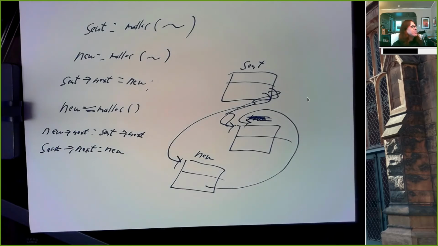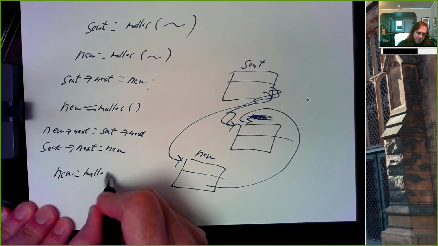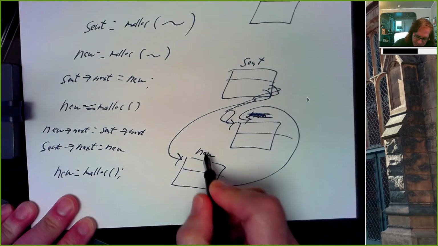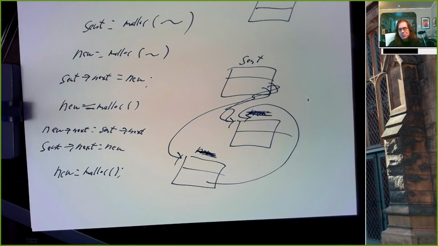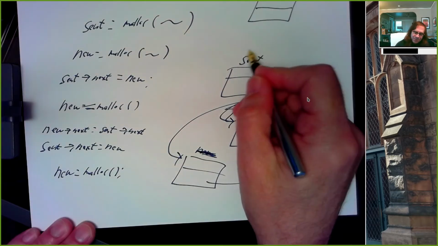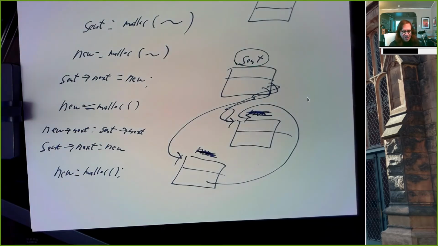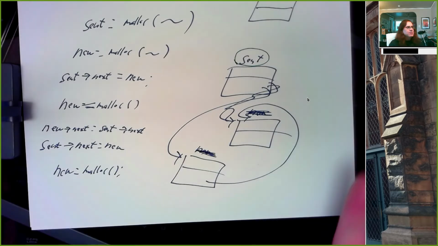I've got a list of 3 things now. And if I call malloc again, this is no longer new. New is now some totally different block, maybe in some totally different area of memory, but I still have all 3 nodes here. The only variable that I need to make sure I keep track of is my first node, my sentinel. If I change sent equal to malloc, this list is lost.